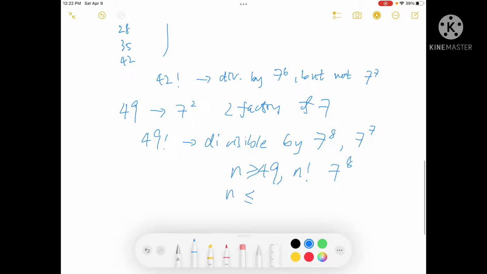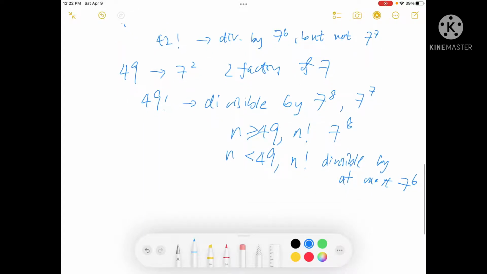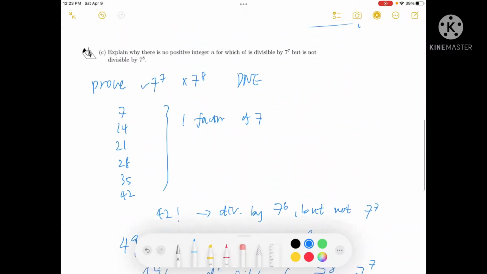If n is smaller than 49, n factorial is divisible by at most 7 to the power of 6. Therefore, there is no positive integer n for which n factorial is divisible by 7 to the power of 7, but not 7 to the power of 8. So this integer does not exist.